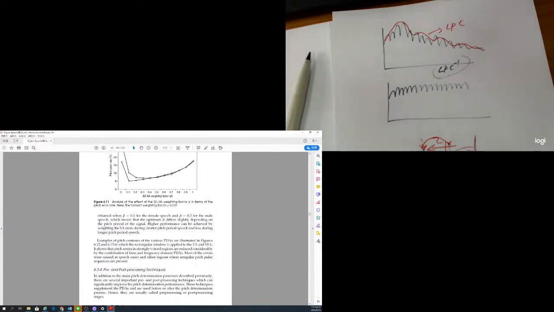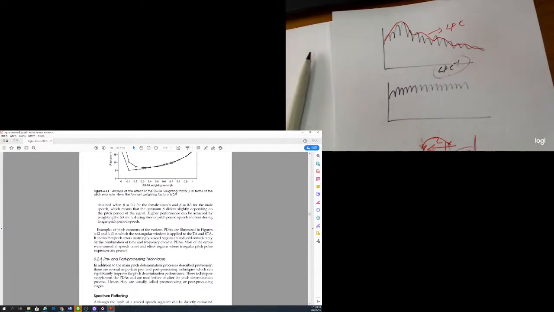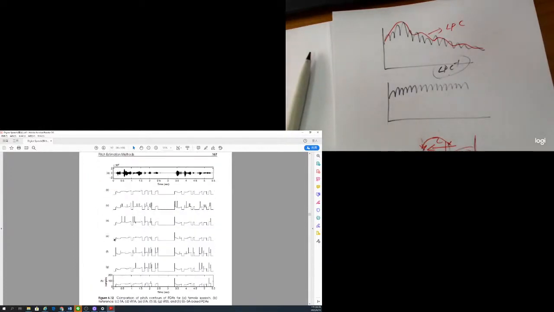You can see pitch error in strong voiced regions is reduced by combining time and frequency domains. Most errors occur at speech onset and offset, in irregular pitch paths. Most of the pitch errors come from voiced to unvoiced transitions, and onset, unvoiced to voiced, sometimes causes erroneous predictions. So most of the errors come out around the onset and offset.